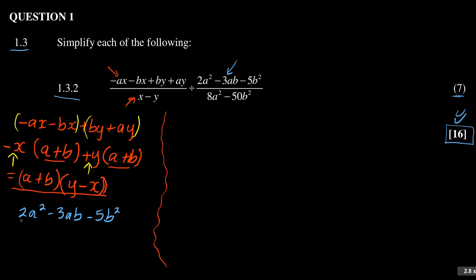You just focus on the 2, the -3 and the -5, and do the product sum method. When I'm doing the product sum method, I focus on the first and the last numbers. I have to multiply them to give me a product, and I focus on the center to give me the sum. Now my product, in this case, product means times, is 2 times minus 5, it's -10. Then you just write a squared b squared.